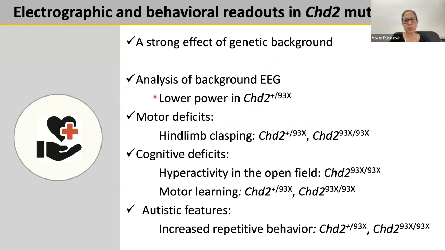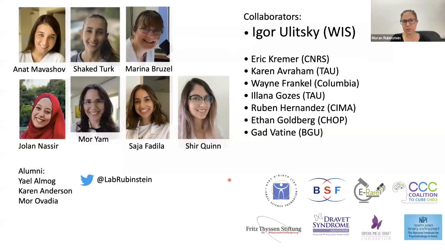We can also look for motor deficits, cognitive deficits, and mainly correction of these deficits, and also improvement in repeated behavior that we see in these mice. So using these specific readouts, I hope that it offers a framework for further studies on effective treatments.